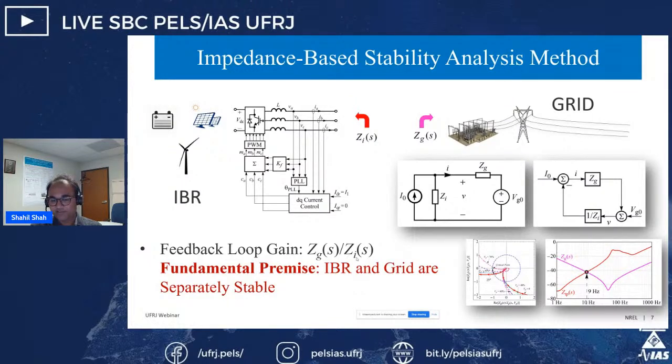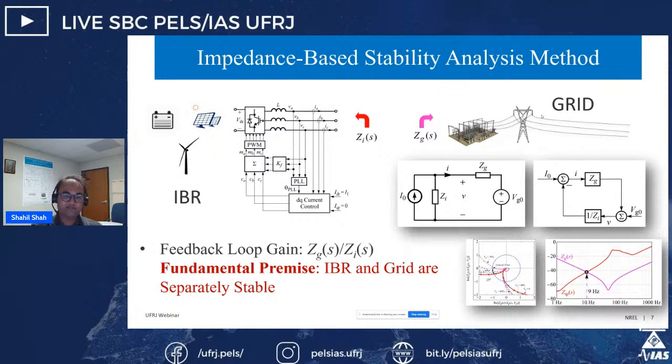The reason to make this assumption is because when you apply the Nyquist plot, you just want to look at the encirclements of the critical point to see if the system is unstable or stable. If you don't make these assumptions, then there might be some hidden unstable poles in the IBR or the grid, which you will have to account for. So these are the two fundamental premises for applying the impedance-based stability analysis method.